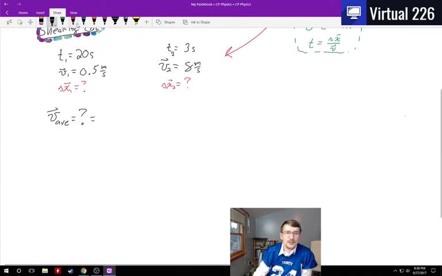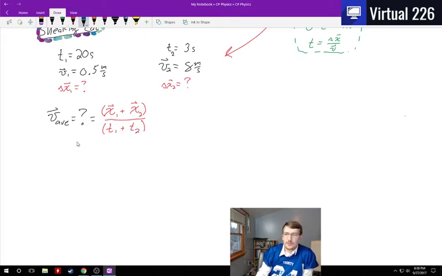I'm trying to set this up as the first displacement plus the second displacement divided by the first time plus the second time. And when I do this, these are in parentheses technically. We want to add the numerator and then add the denominator, then divide those quantities. But I need to find x1 and x2. I have t1 and t2. That's good. I need x1 and x2.